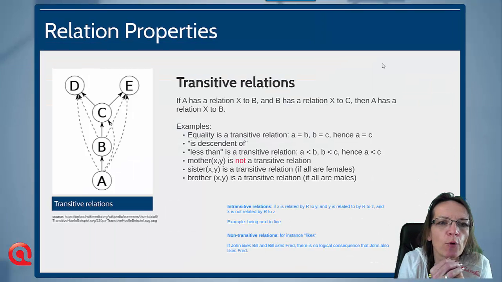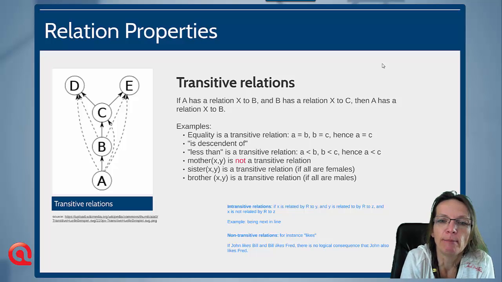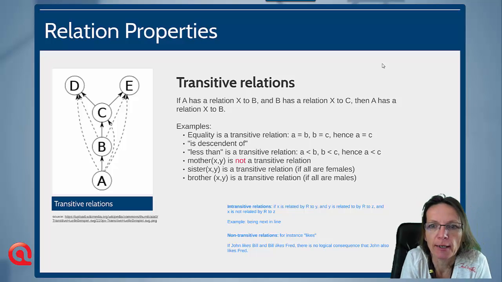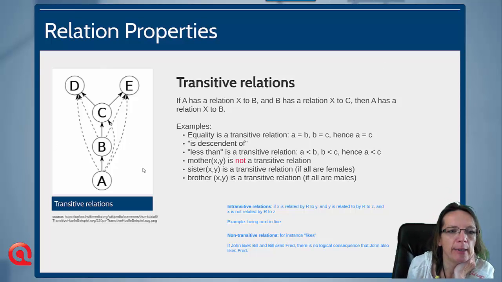So now let's move on to transitive relation. And here the more formal definition is: if A has a relation X to B and B has a relation X to C, then A also has a relation X to C. This is also illustrated here by the image.